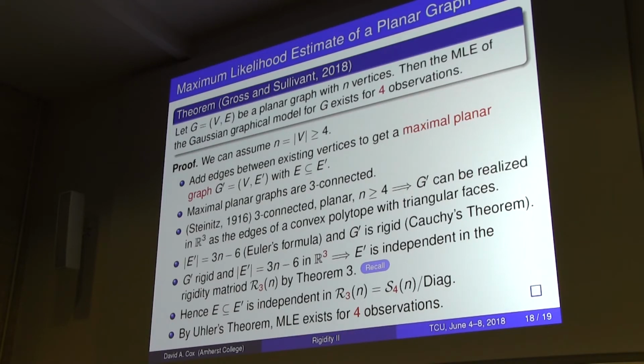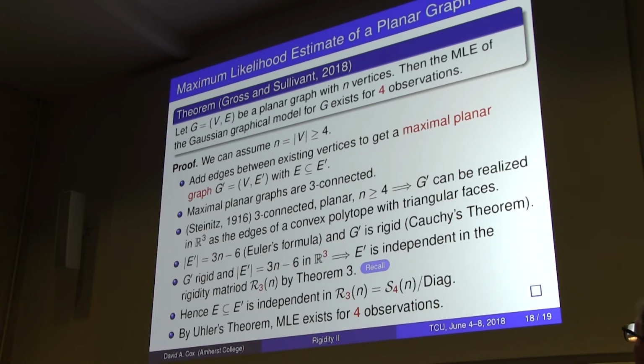Remember our earlier result said that if the number of observations exceeds the number of vertices, n, then the MLE exists. Suppose my planar graph has 10 million vertices. Then with 10 million observations, our earlier theorem would say the MLE exists with probability 1. But now, because of this theorem, I just need 4. So this is a good theorem.